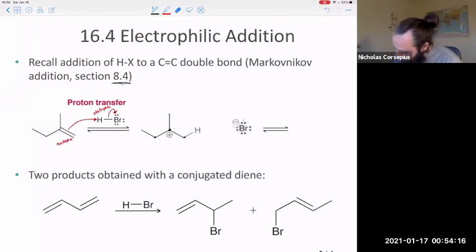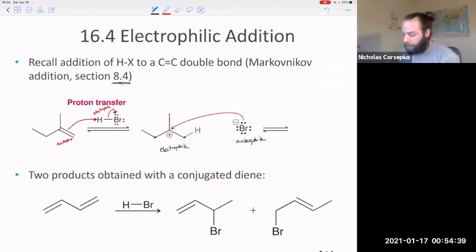Well, now I have this Br minus, this bromide ion that is now going to attack that carbocation. Now what's playing the role of the nucleophile and what's the electrophile? Here, the electrophile, the one that really wants the electrons, is my positively charged carbocation, and the nucleophile is my bromide ion.